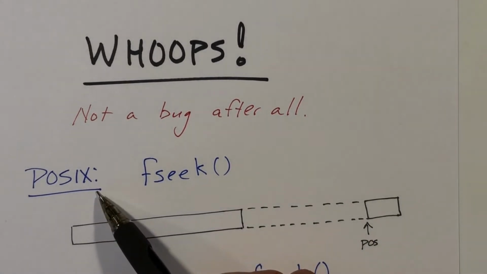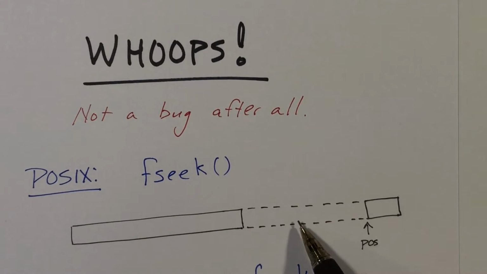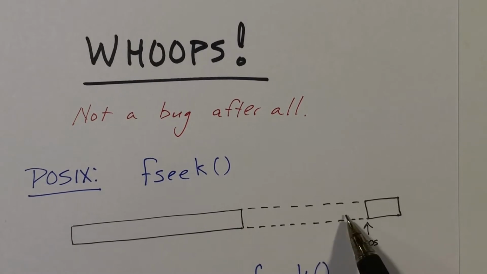The POSIX specification says that the bytes in between here that were never actually written will be initialized or assumed to be 0, so that if later you go back and you do a read in this region here, the read system call should return the 0 bytes that were supposed to be there.